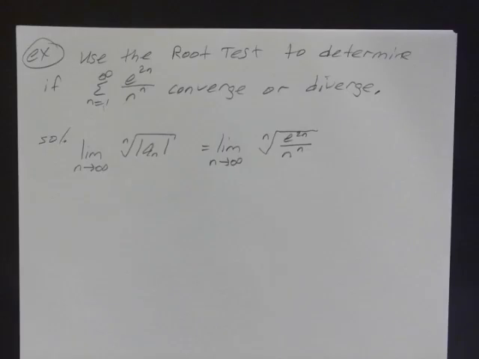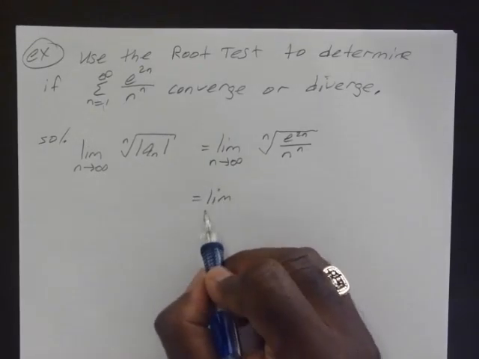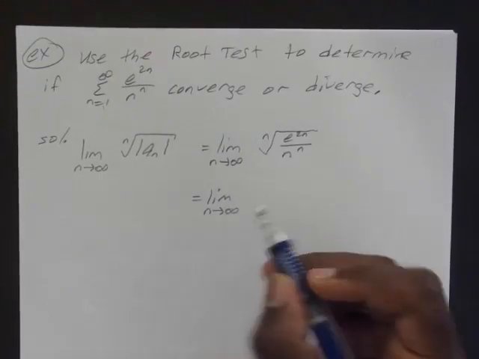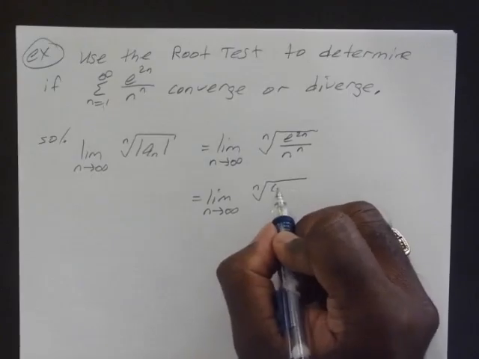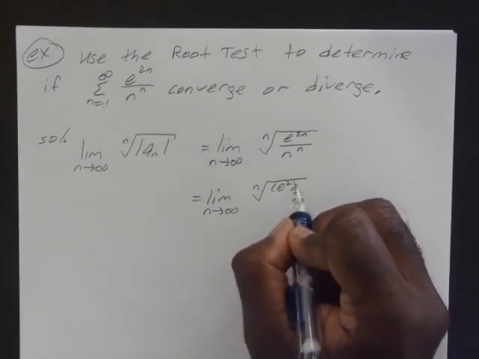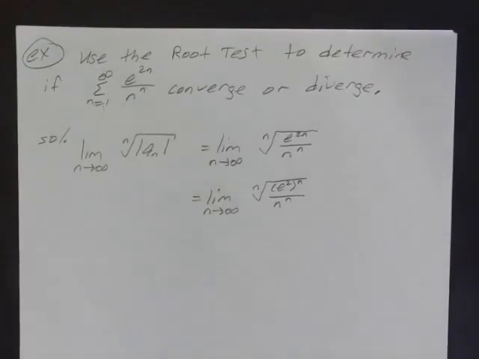Okay. So if we wanted to, you could rewrite this as the limit as n approaches infinity of the nth root of e squared to the power of n divided by n to the power of n.